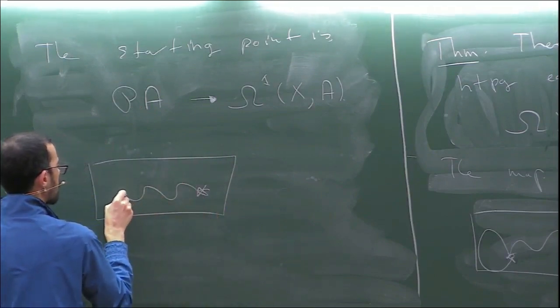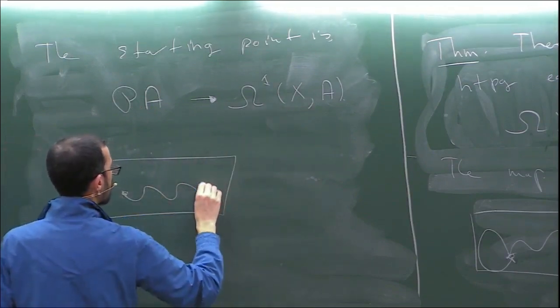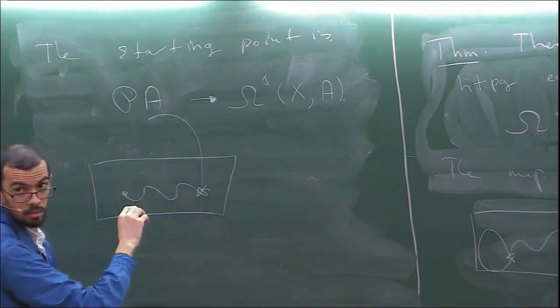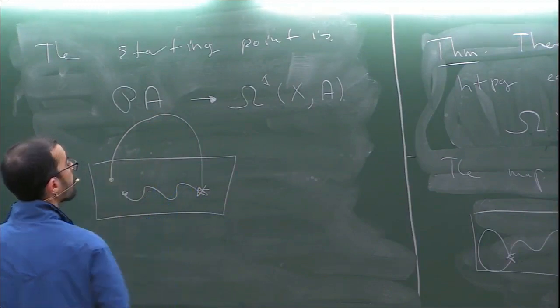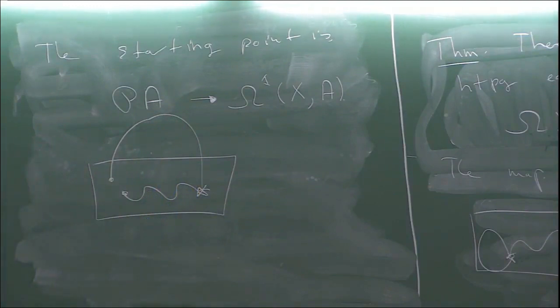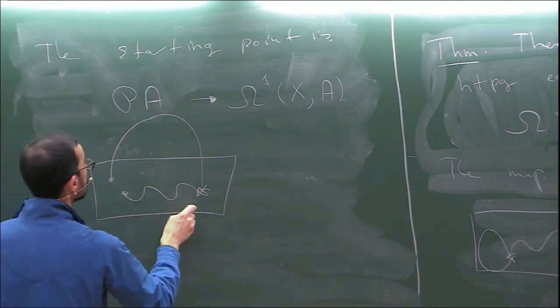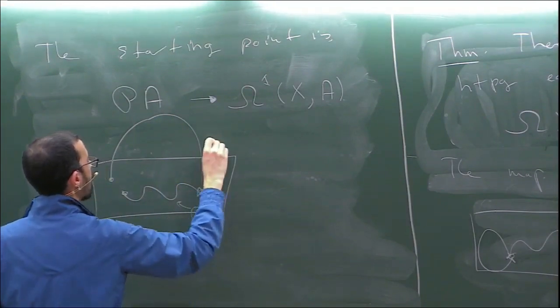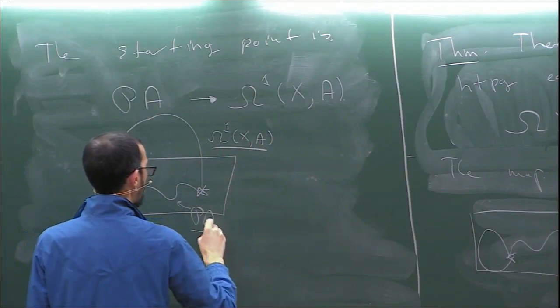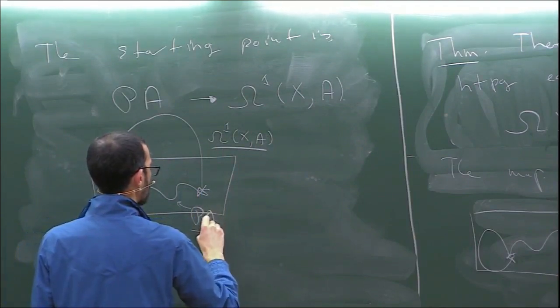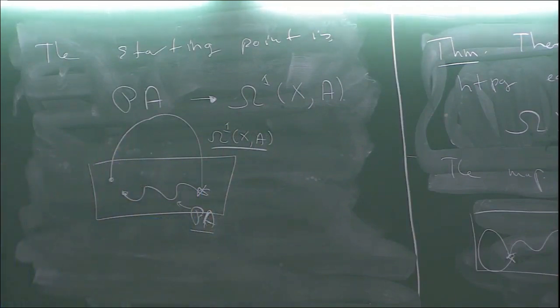Paths means things which live here. These are things which go outside. And so paths on A, loop 1 XA. Okay? So clearly we have such a map.